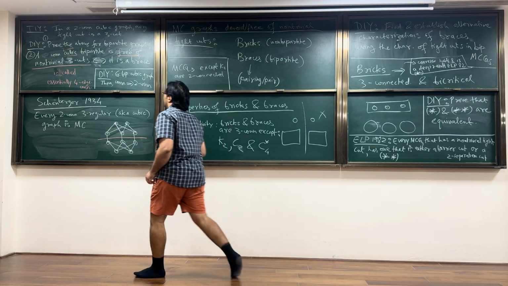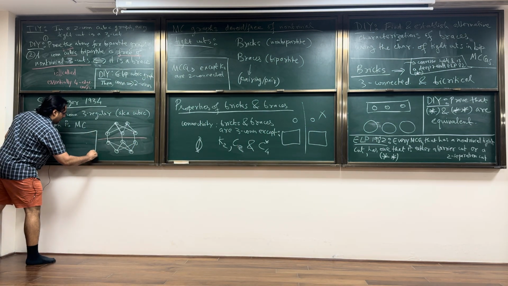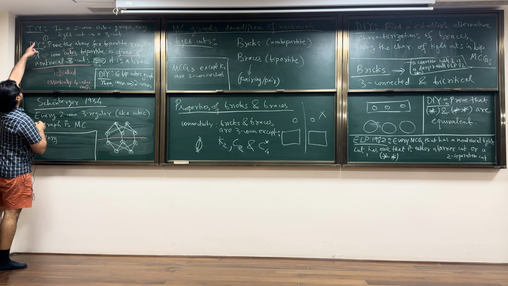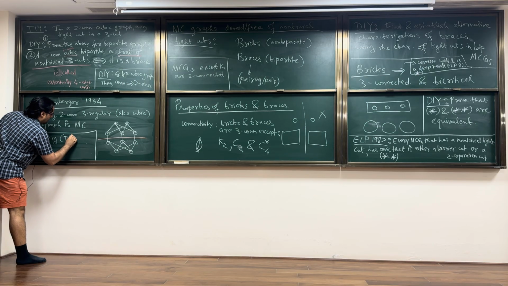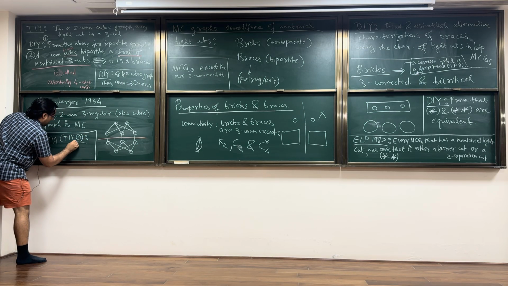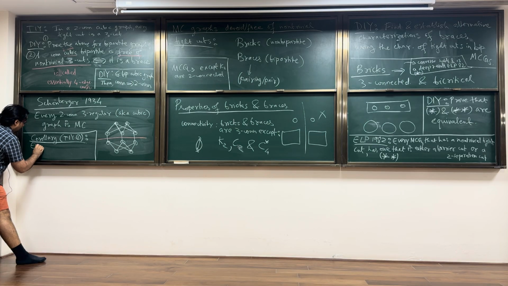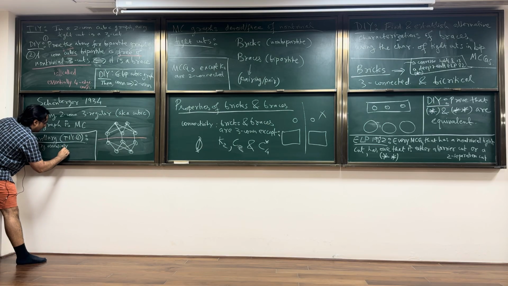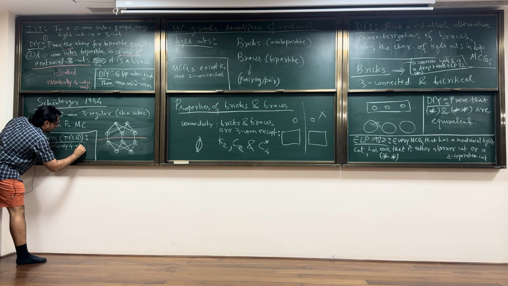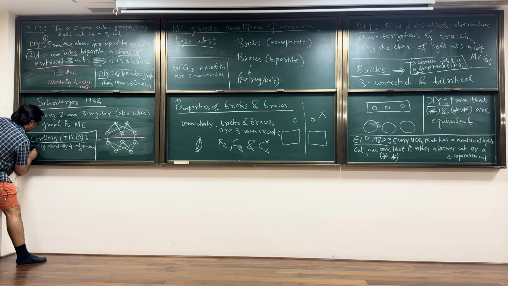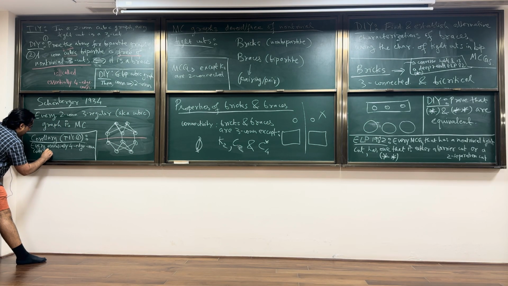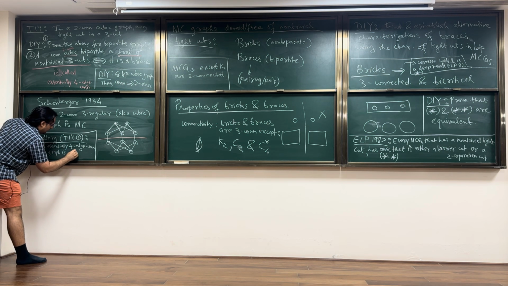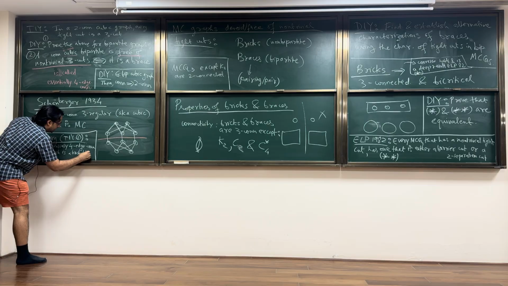Okay. So a corollary of the first TIY: every essentially 4 edge connected cubic graph is a brick or a brace.